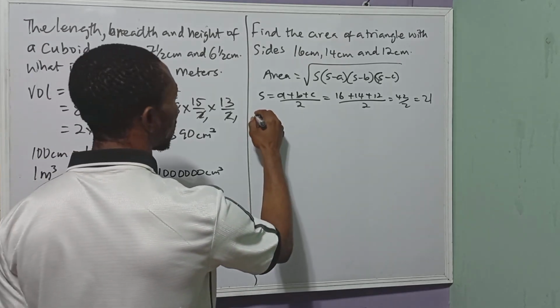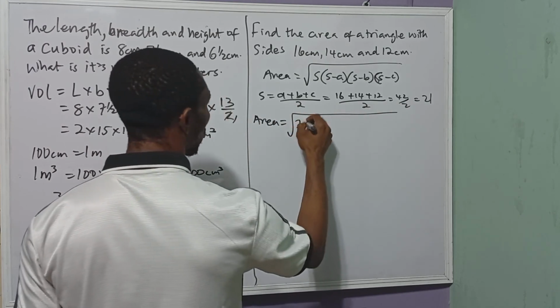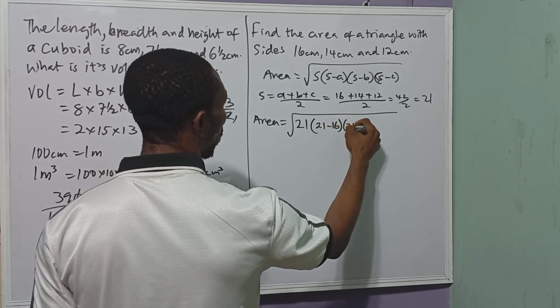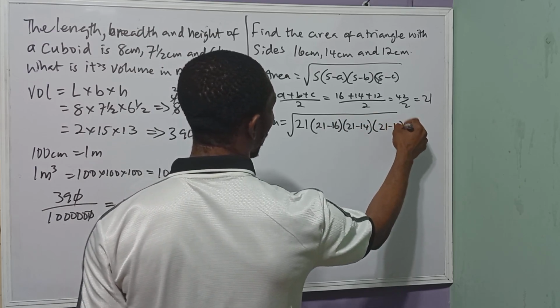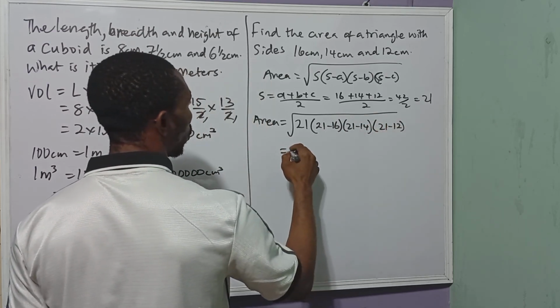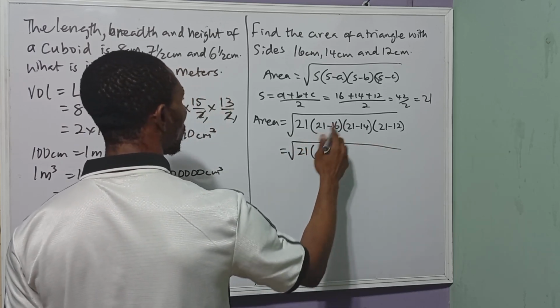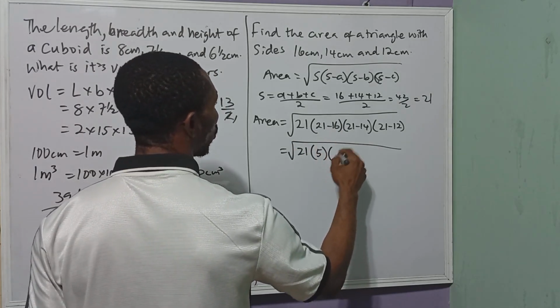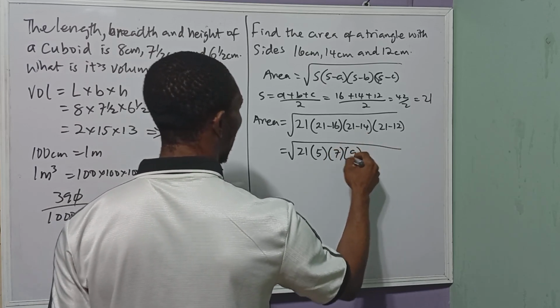So we have area equals root 21 bracket 21 minus 16, 21 minus 14, and 21 minus 12. So this we have as root 21 bracket 5, 7, and 9, since 21 minus 16 gives us 5, 21 minus 14 gives us 7, and 21 minus 12 gives us 9.